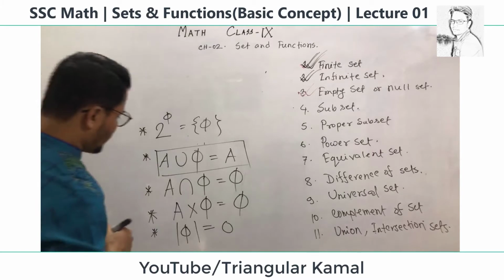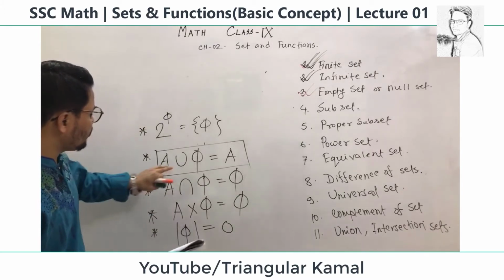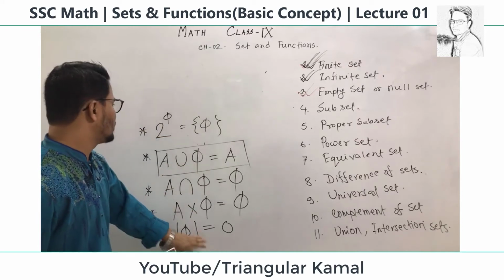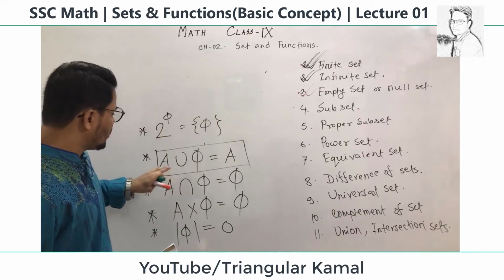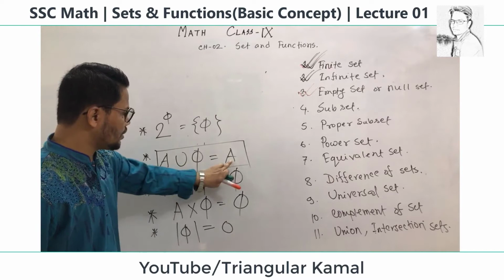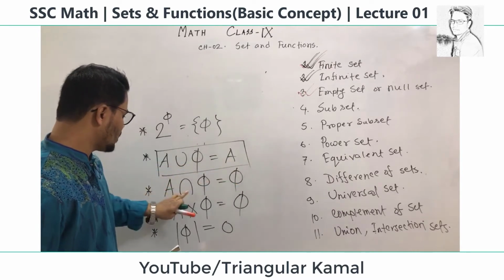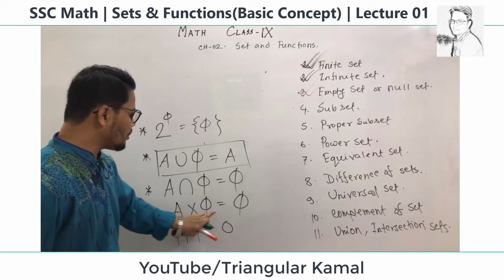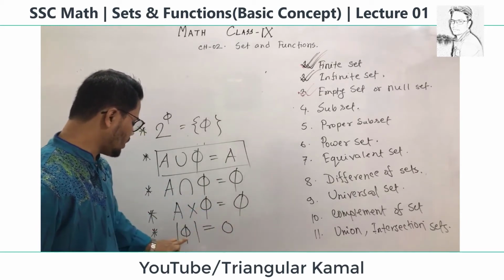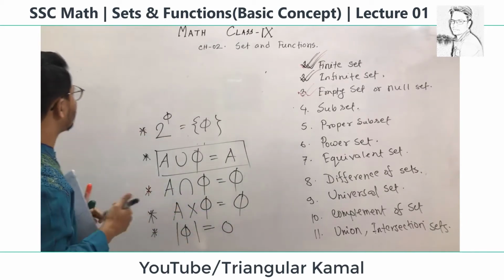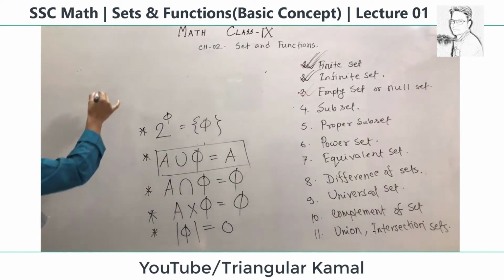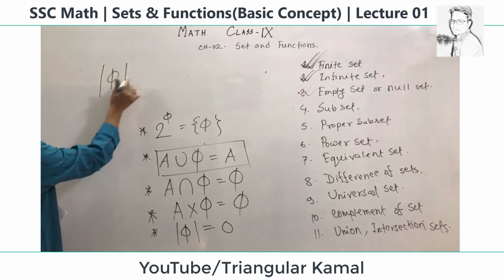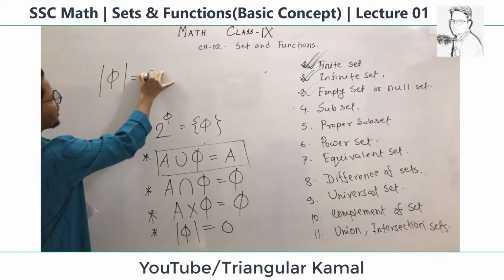Dear students, the first information, this is the formula of the empty set. The first one, union, will give you the same previous set, the intersection gives you the empty set, and the cross multiplication gives you the empty set. This is the cardinal number, the last one. Modulus means absolute, the counting number. How many counting numbers are there?